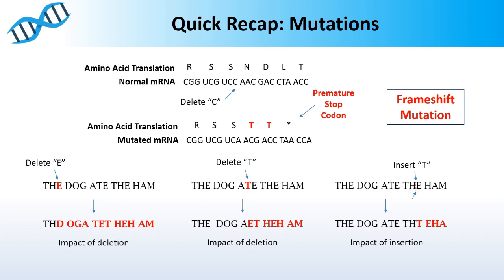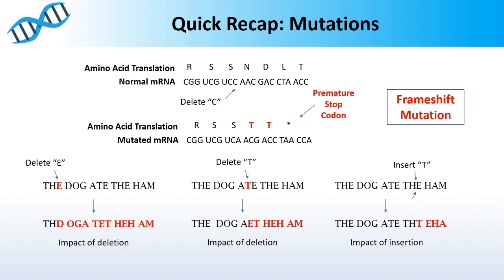Just like the examples here with the sentence, insertions or deletions have varying degrees of impact on the preservation of the sentence meaning, depending on where they occur. And it's the consequence of these mutations, in other words, what the mutated protein does, that really dictates what kind of nucleic acid therapeutic approaches are suitable and not suitable.